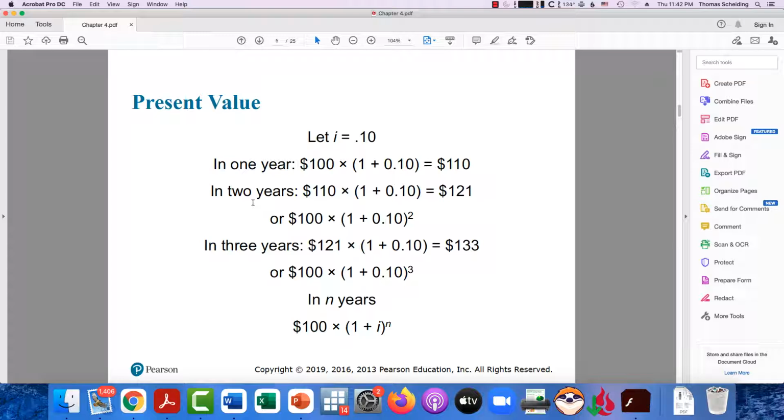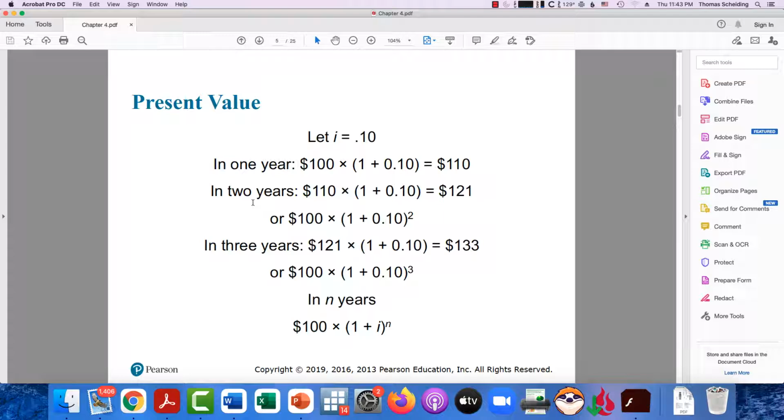I can give you $100 today, or I can give you the equivalent amount a year from now. When I say the equivalent amount, it would not be $100. It has to be something more than $100 because I'm waiting for a year to get the money. How much different would it be?